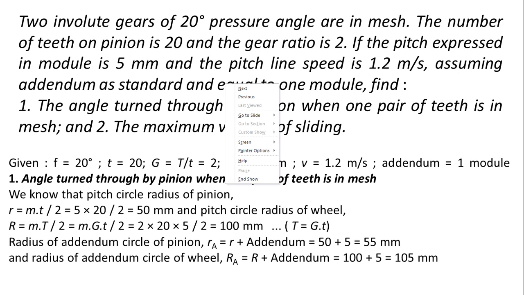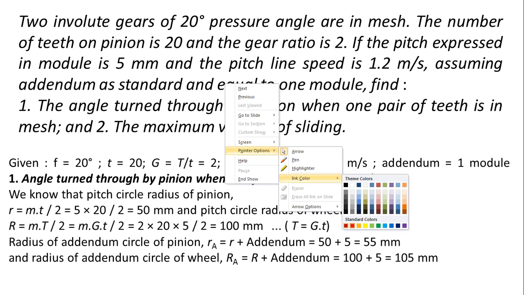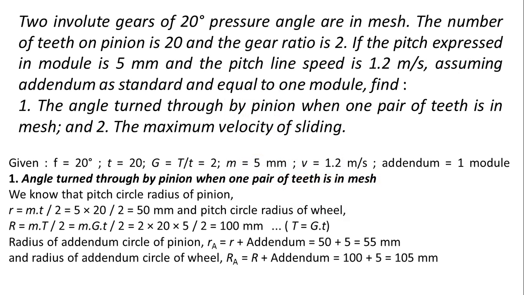So you get 100 mm, and then the addendum is 5 mm. So you can calculate the radius of the addendum circle on the pinion as well as the wheel. You get 55 and 105 mm. Okay, so you got r, then capital R, and then small r_a, and then capital R_a.